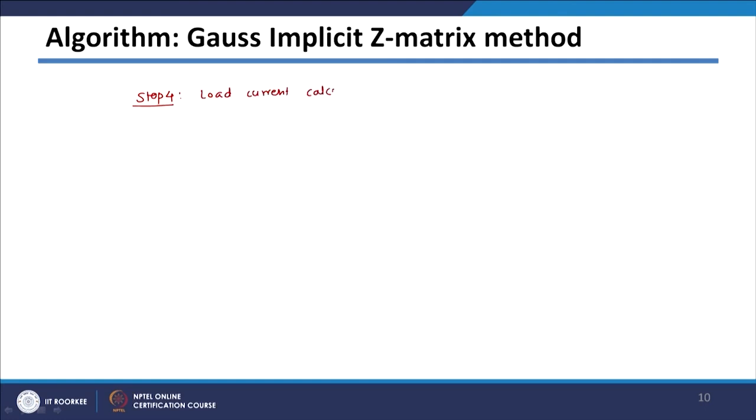We know that current Ij at any kth iteration will be calculated by knowing the load at jth bus: PLj plus jQLj is the load at jth bus divided by your voltage at jth bus, obtained at the k minus 1 iteration, and you have to take the conjugate of it.